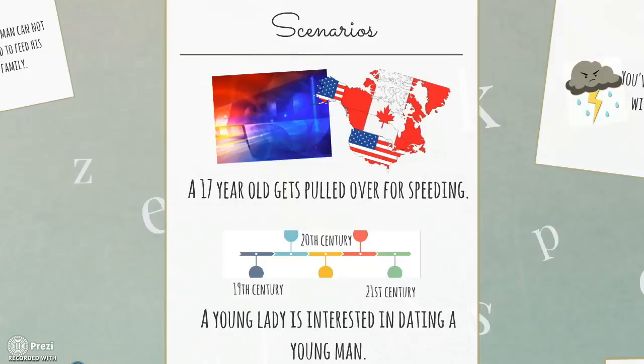Let's fast forward a few years into the 20th century. This same young lady could be interested in dating a young man of her choosing. However, the cards are in the man's hands, and he must decide whether or not he will pursue and court the lady. In the 21st century that we live in today, those dating rules of the past have been relaxed, therefore you are more the author of your plot in that circumstance.